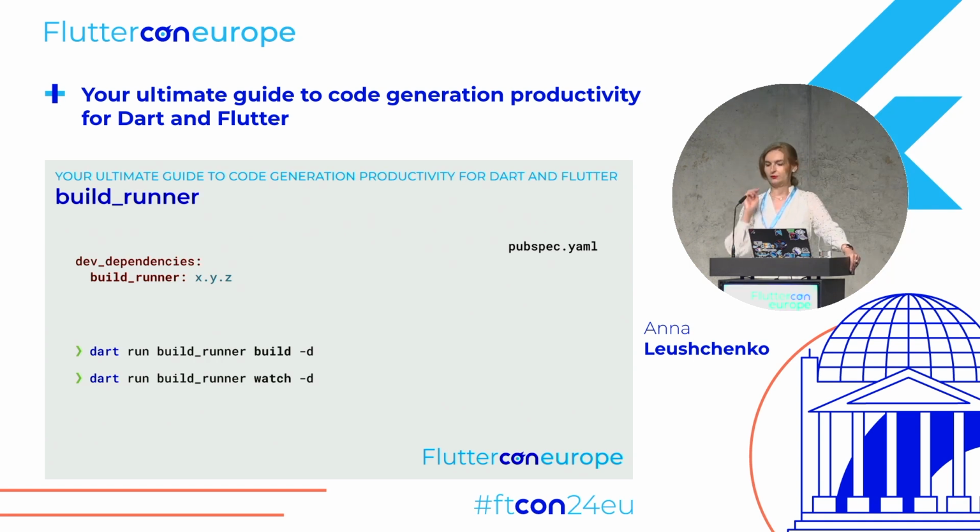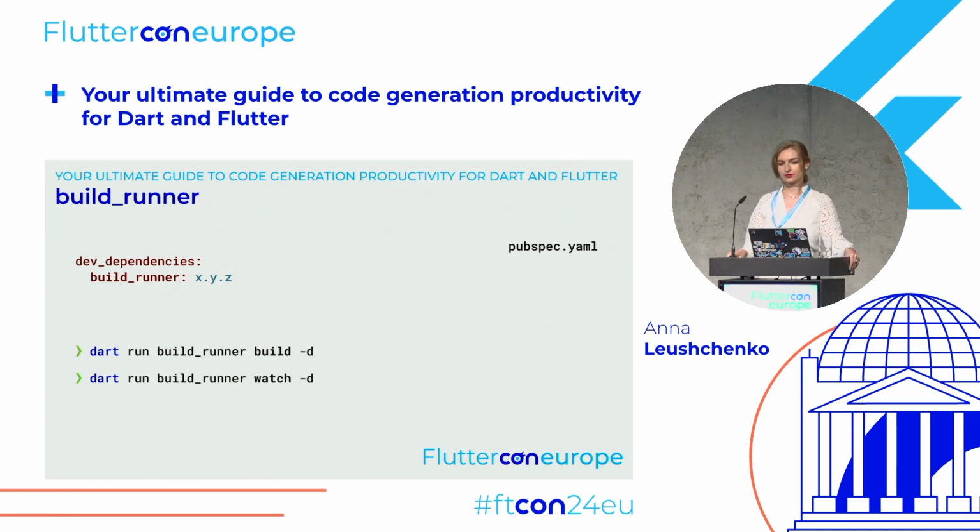Build Runner has two modes. Build is for one-time generation. It is useful for when, for example, the code is checked out on a new environment and you need those generated files, or, for example, when a code generating dependency was updated across the project. So one-time generation is sufficient in these cases.